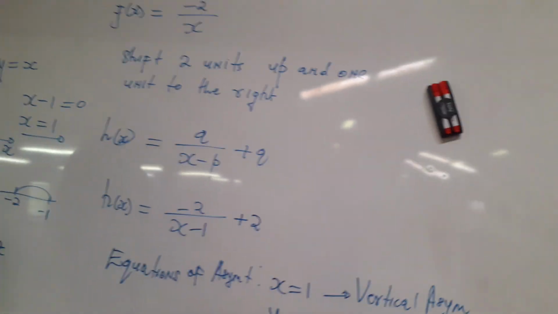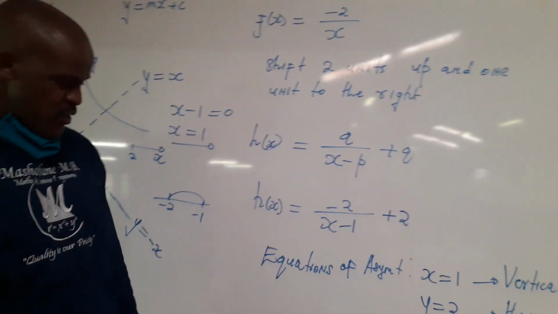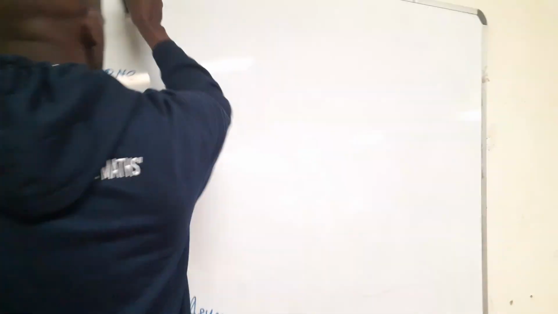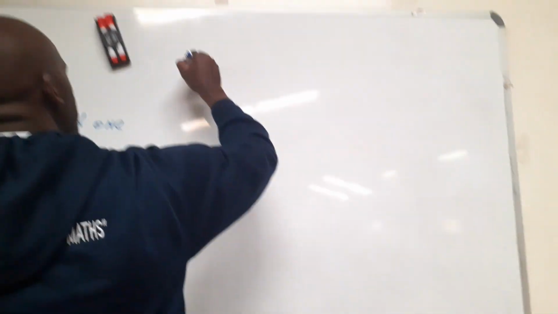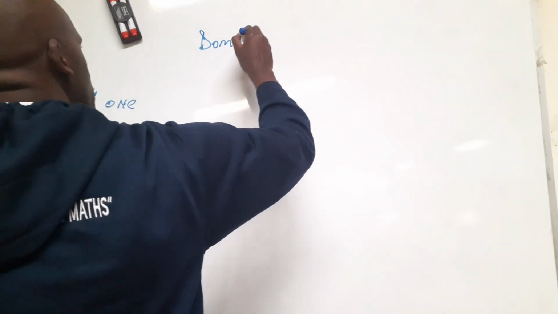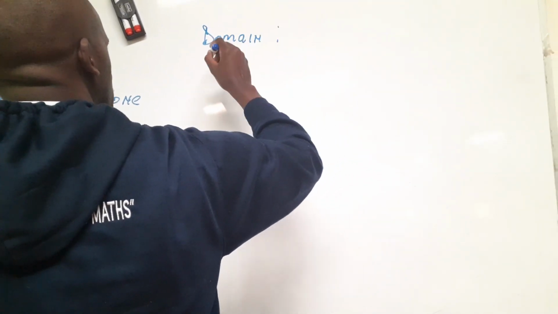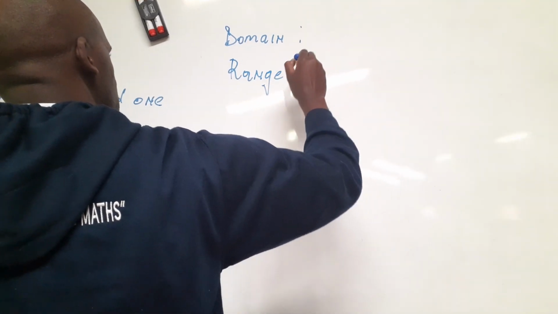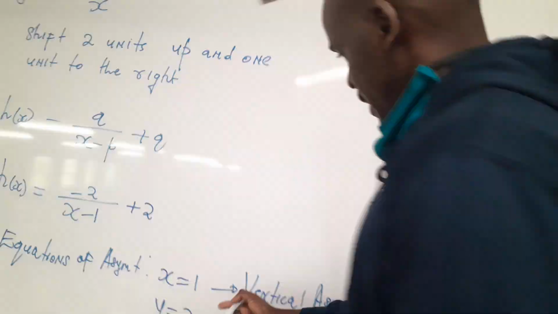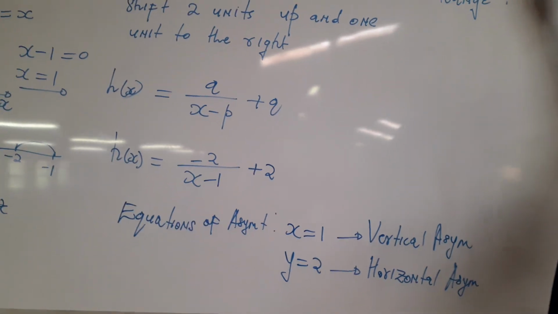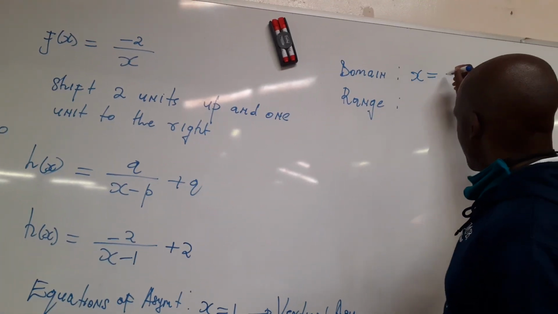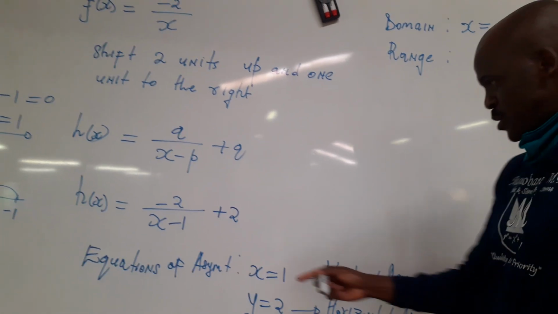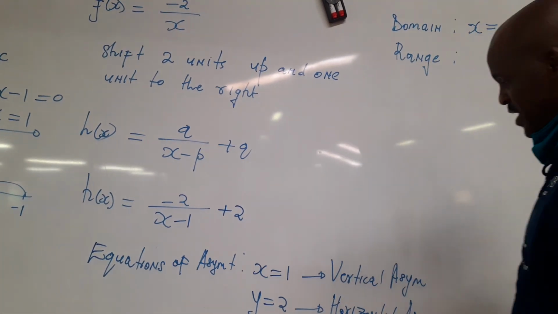For the domain and the range, you just oppose the asymptotes. Like here, our vertical asymptote, x is equal to 1. That's our vertical asymptote. You just solve for x on that denominator.